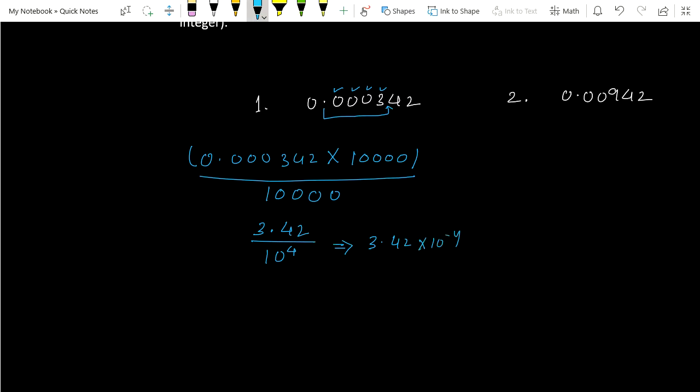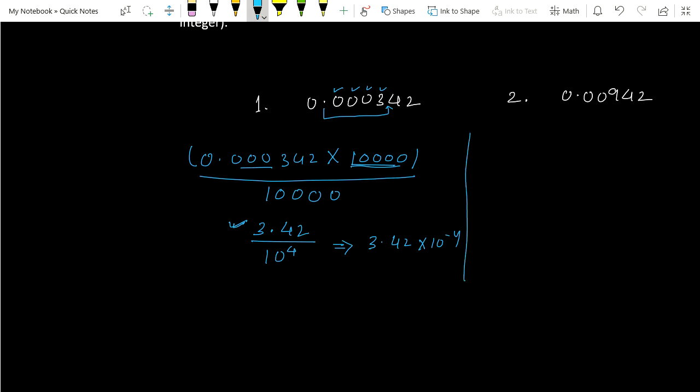The target is to shift the decimal towards the right side 4 places. That's why we have multiplied the number by 10,000. This multiplication will give us a, and we have seen already that it has given 3.42. So the multiplication will give us a, and the denominator will give us 10 to the power n.